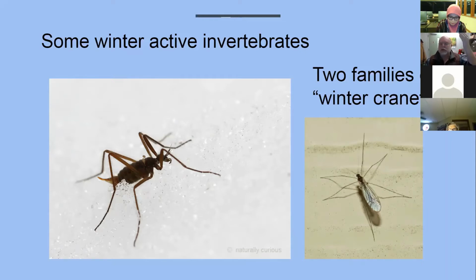These are males of this species, and it's a flight to attract females. So there may be a dozen of them in the flight, and so if you just look around in the winter time and it's above freezing, you may see these, even if it's been fairly cold recently.